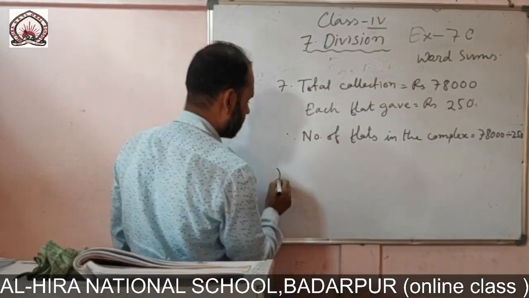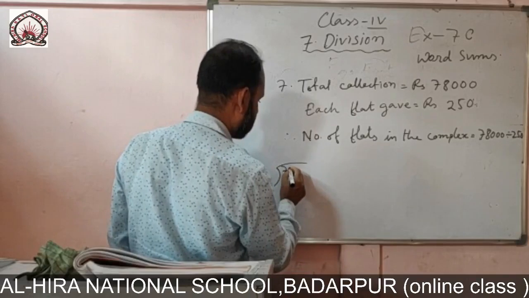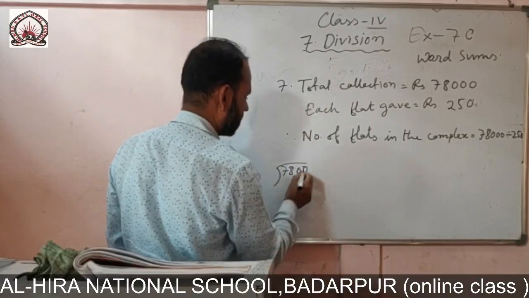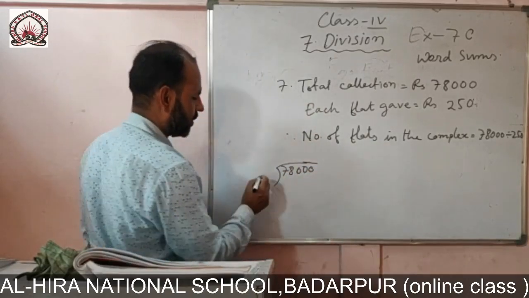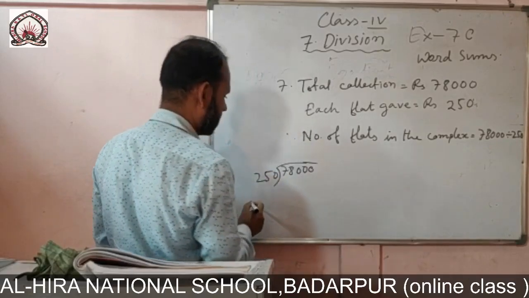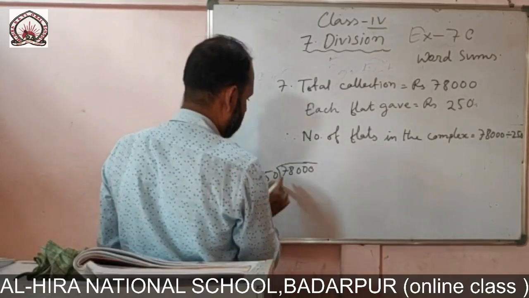Now we do divide there. 78,000 divide 250. So there is 3 digit.